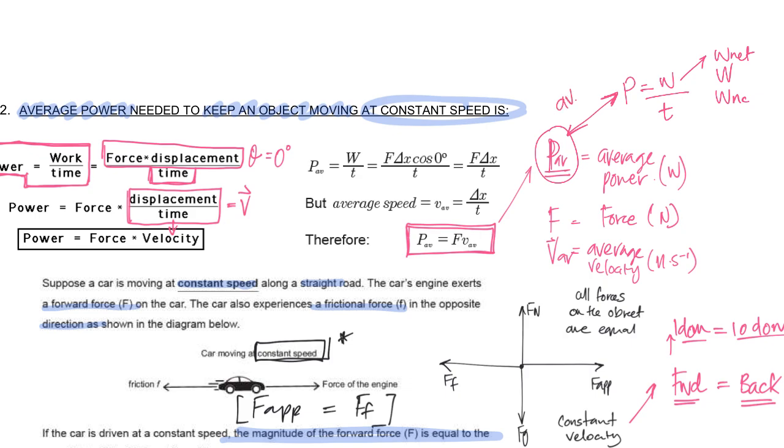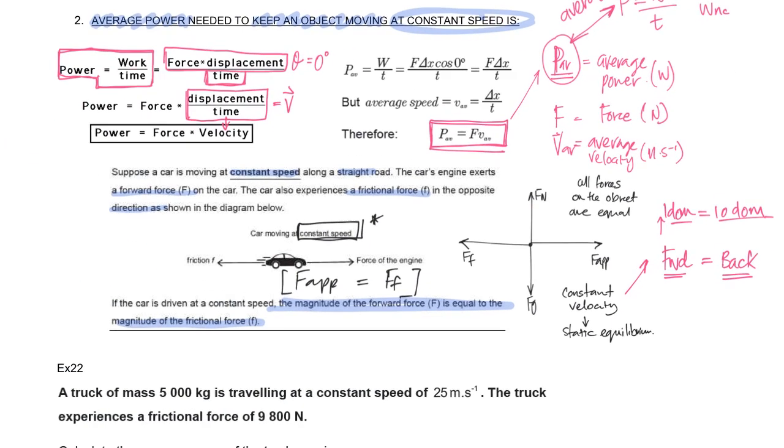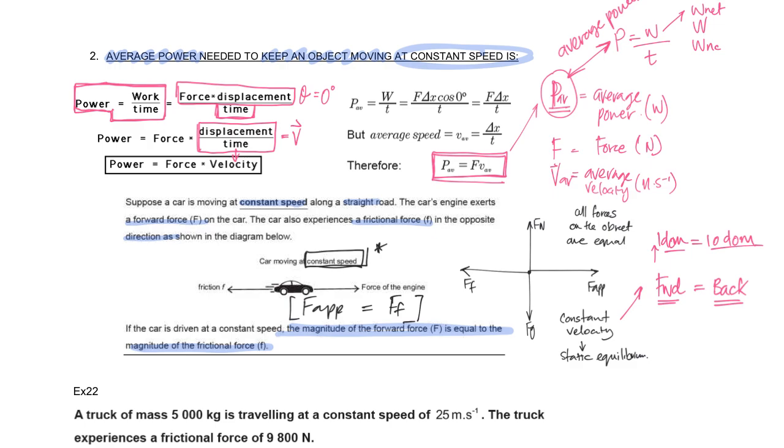Both formulas stand for average power. It's just that when you use P_av equals F times v_av, make sure you write down the av each time because that's important.